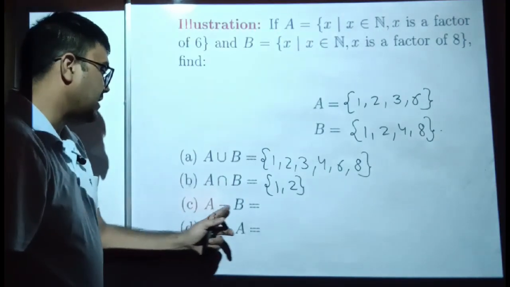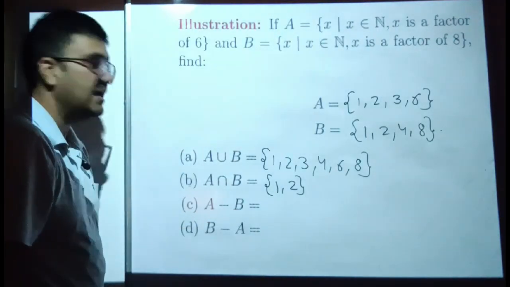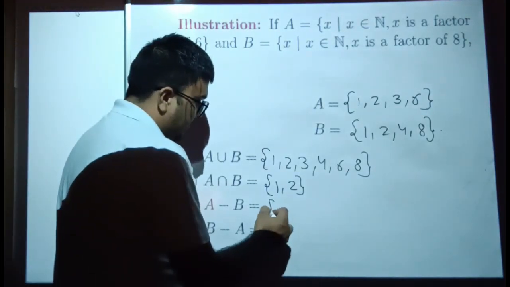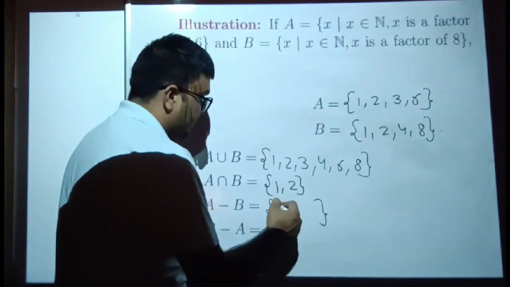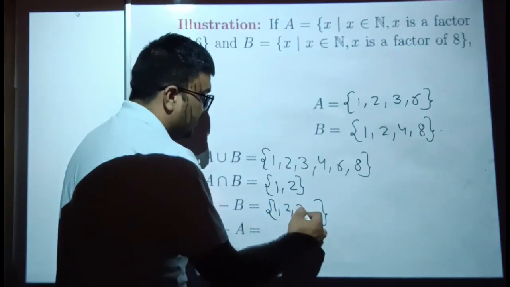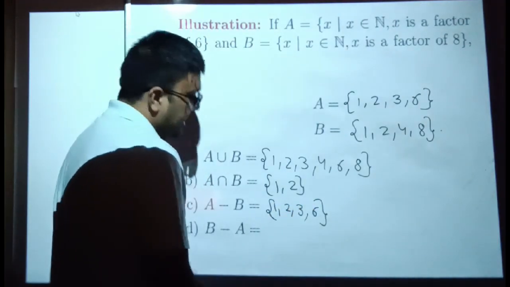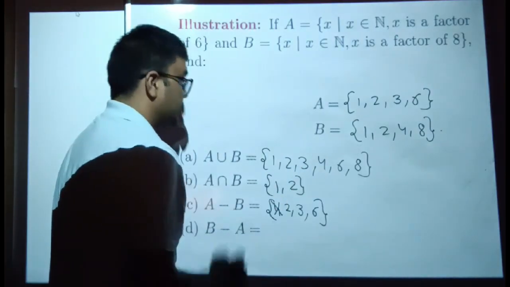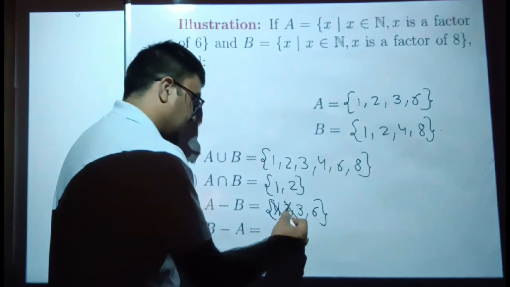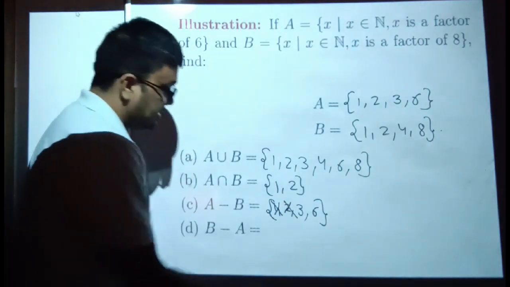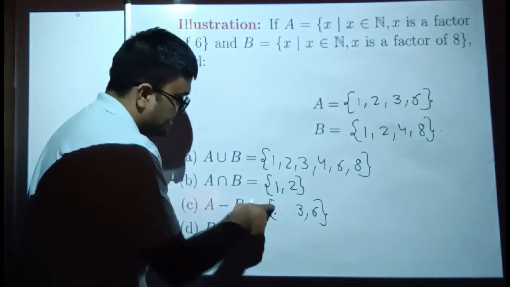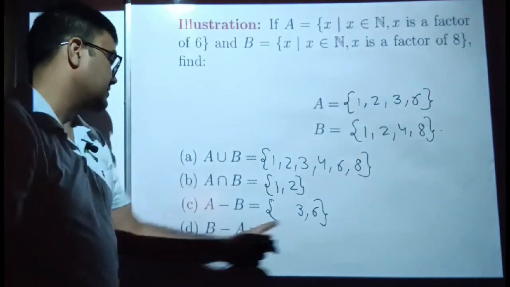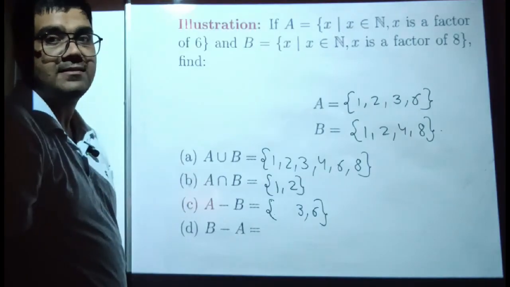We have to calculate A minus B. A minus B means all the elements of A which are not in B. If I write the elements of A and exclude from this the elements of B, 1 is there in B, I exclude this, 2 is there in B, I exclude this. The set I am left with has 2 elements, 3 and 6. This is the answer for A minus B.